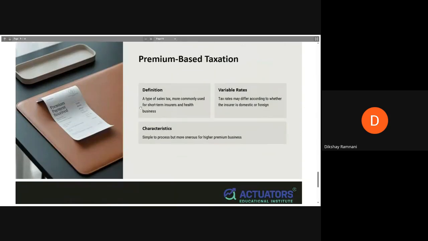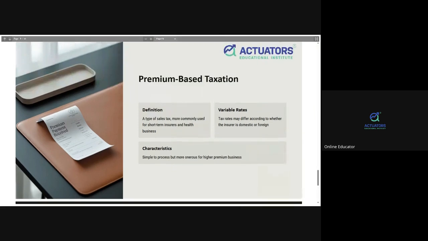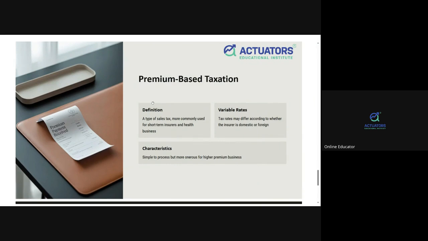Cool. They've talked about one more very quick thing here, premium-based taxation. For an insurance company, this means that instead of calculating profit, insurance companies can simply be taxed on premium income.